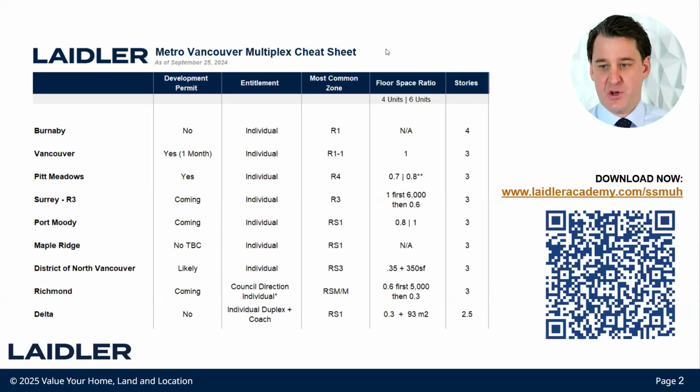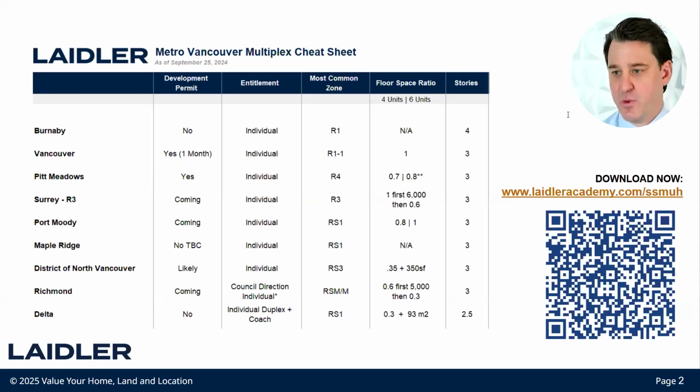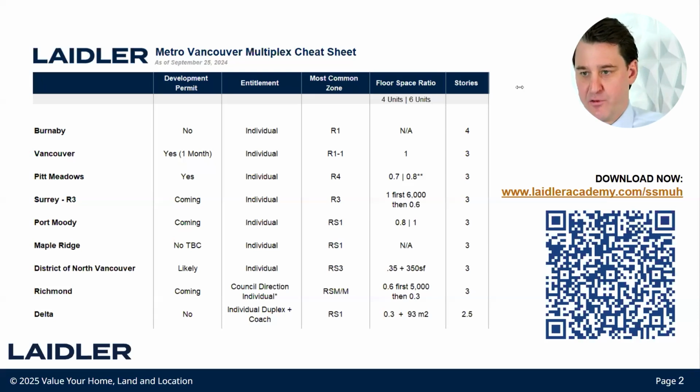The floor space ratio is another critical feature of the zoning bylaws, dictating how large each unit can be in the development. If you have any questions about this cheat sheet, we do have Q&A at the end, and feel free to put those questions into the chat box.